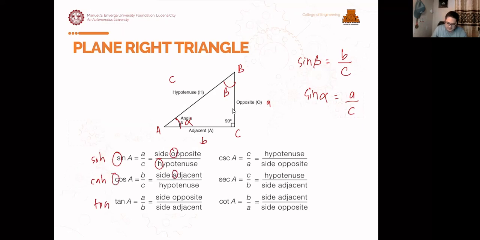Cosine adjacent over hypotenuse, tangent opposite over adjacent. Okay, kaya naging SOHCAHTOA yan. Then itong kabila, ang tawag dito, cosecant, secant, cotangent. So, basically, yun lang din yun, no?